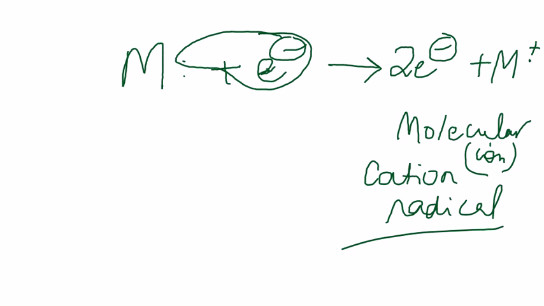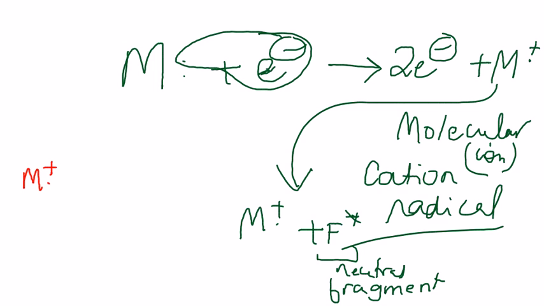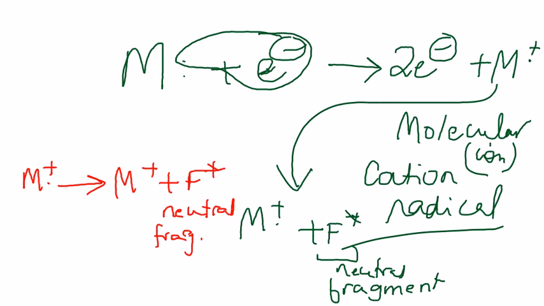This can either form some neutral fragment. It can take away a neutral fragment, or you can have another result, which is that the M plus gives you a neutral fragment, but the electron has then gone with the fragment part.